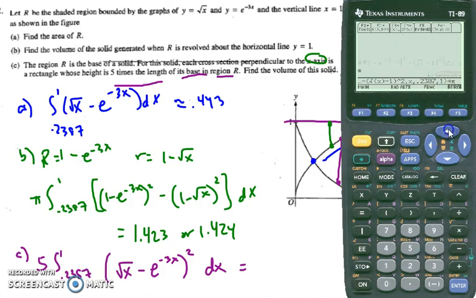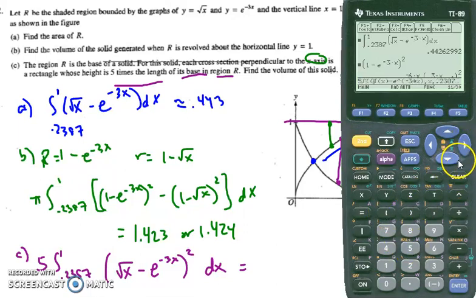And one of the reasons I love the TI-89 is that I can scroll all the way up to the very first time I plugged in top minus bottom, pull it into my line, and then I'm just going to go back. Actually, I need to clear that row. I had too much stuff in there. Go back up to the very first time I integrated top minus bottom, pull it into the line, and then we're going to clean this up to now square the integrand and put a 5 out in front of the integral.